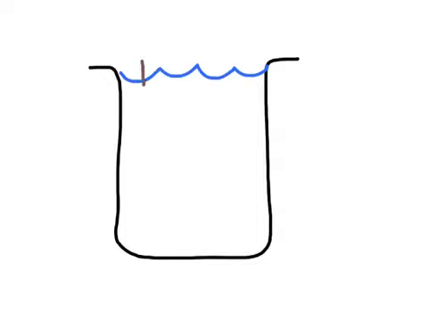Based on what you're going to be doing, one more time, here's our beaker. Here's our water. If an object is floating, some of the object is underwater, but some of it is above water.